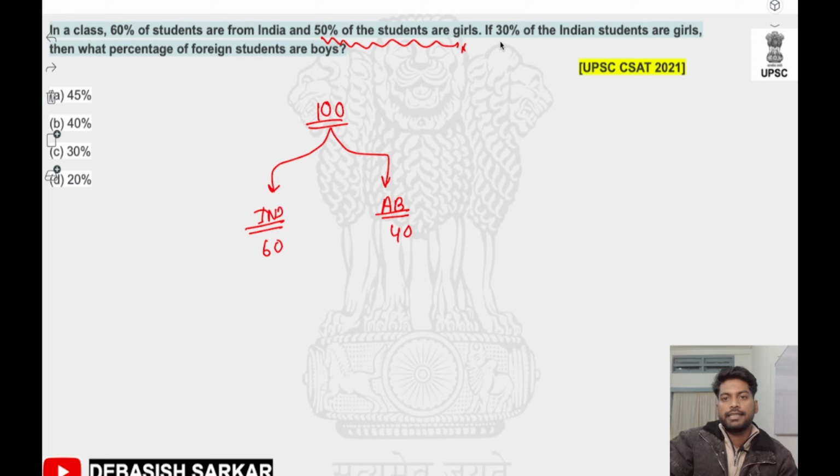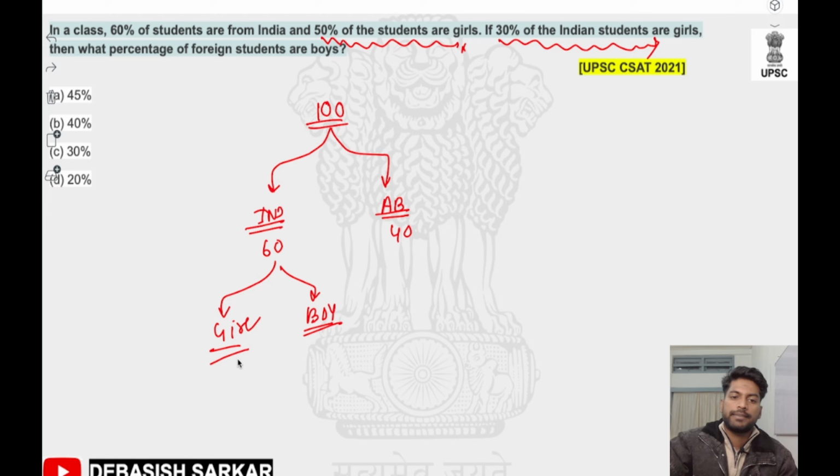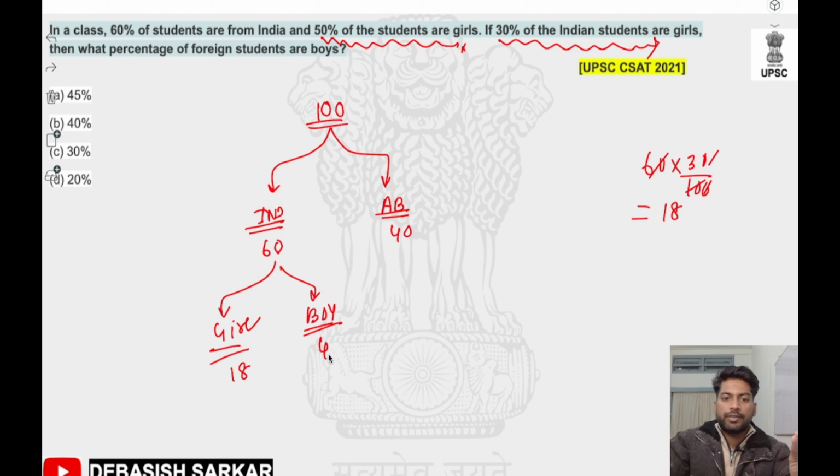Now see, 30% of Indian students are girls and the rest boys. 30% of 60 students are girls, it means 18 students are girls. What will 30% of 60 be? 60 into 30 by 100. Zeros gone. This is 6 into 3, that is 18. So 18 girls, so definitely 42 boys.